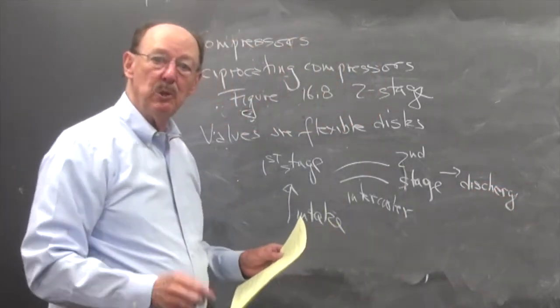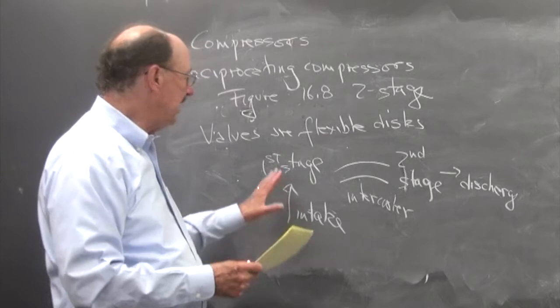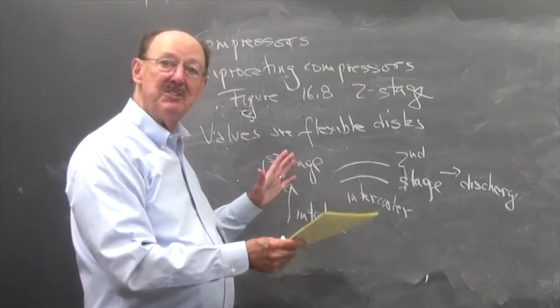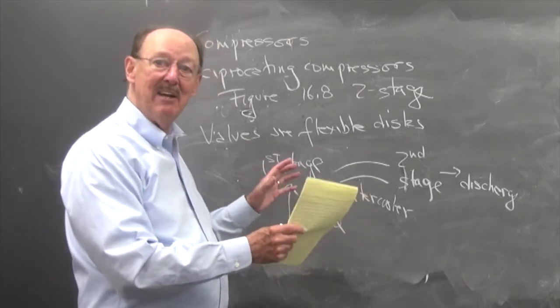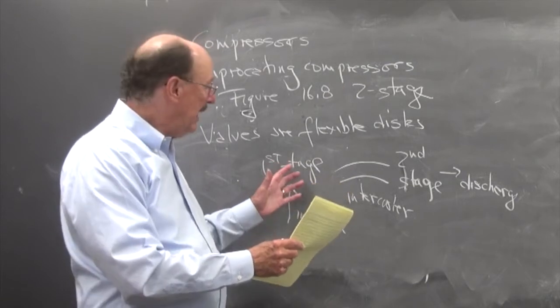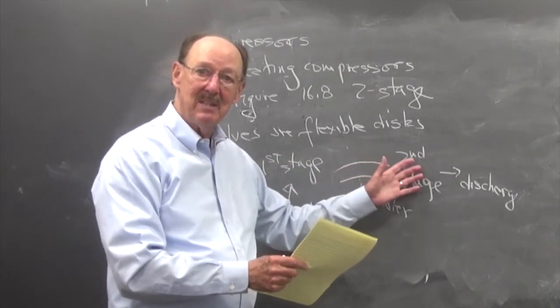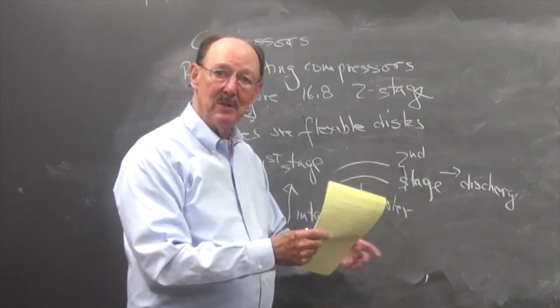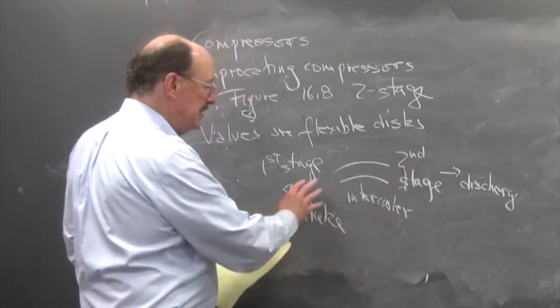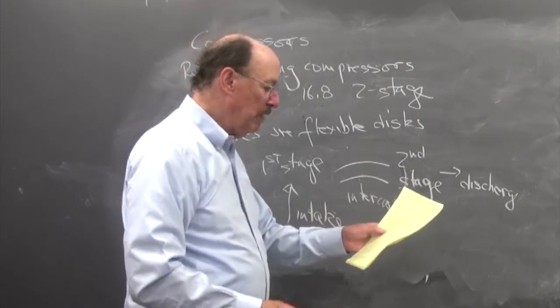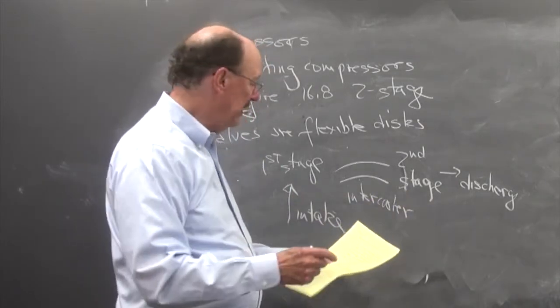When you look at the diagram, you'll see that the first stage cylinder is bigger because the air is at a lower pressure. The second stage cylinder is smaller because the pressure is higher and the air is more compact. And this is the intercooler that cools it down. We'll look at the intercooler in just a second.